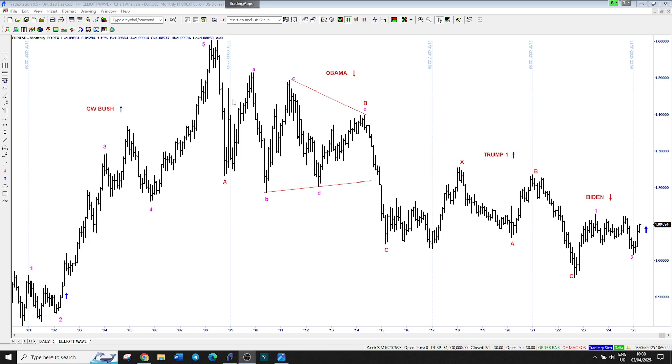So we have A, that's the first leg down, a B wave triangle, and then C, that's the first zigzag. Then we have a correction of that, which is X, A, B, and C. There's the X wave correction. And then we've got a final zigzag to complete the move, A, B, and C.